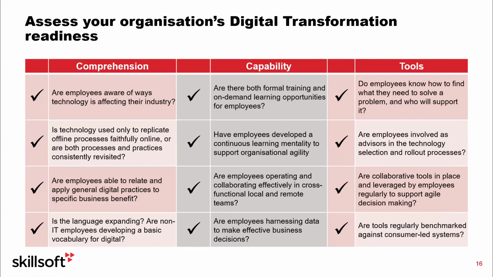But what we're talking about here is not just replicating those processes as they stand, but it's actually revising both the processes and the practices. So it is a really important part of the digital transformation readiness. So understanding where you're at with that.